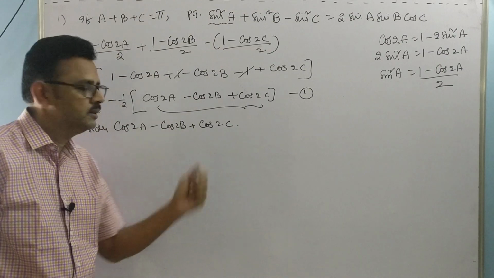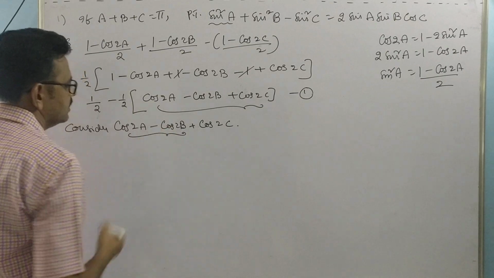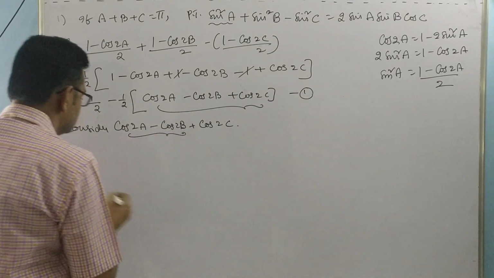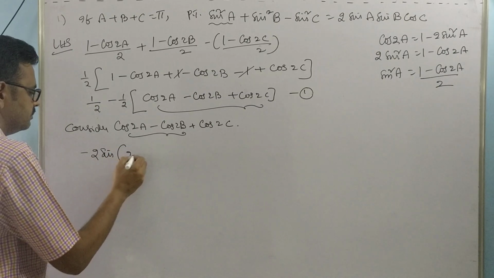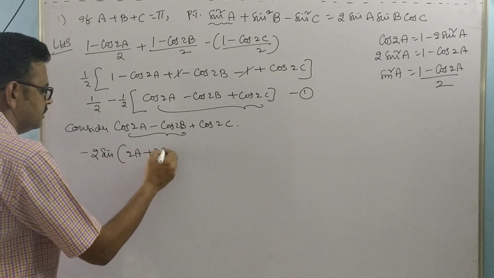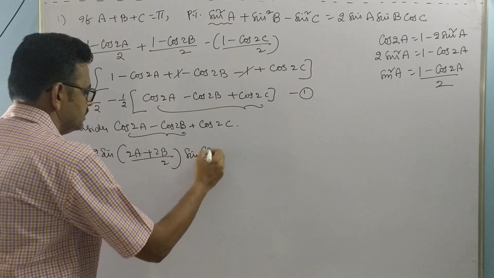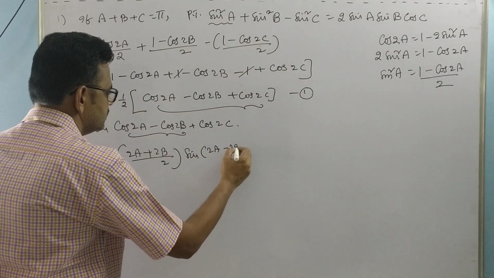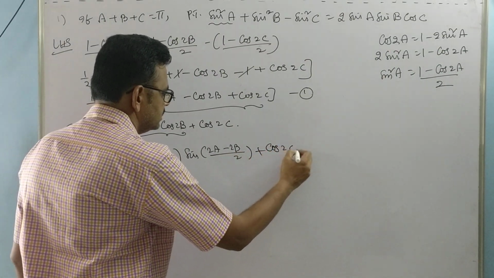Same process again. So this is the cos c plus cos d form.